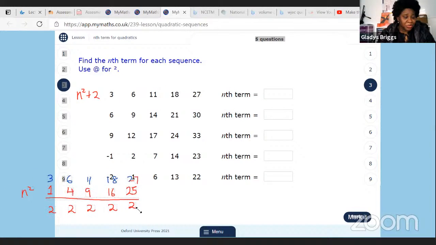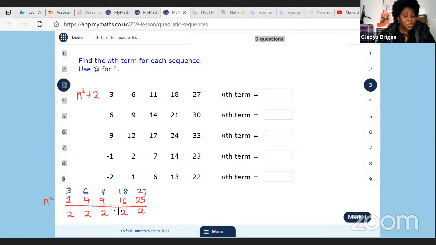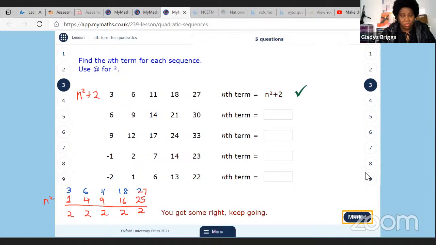But with quadratic progression, we compare it to the square numbers, because it's n squared. So this is n squared plus 2. You guys have a go at the questions.